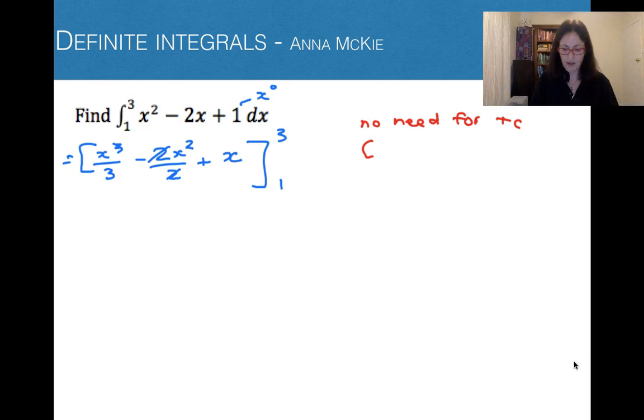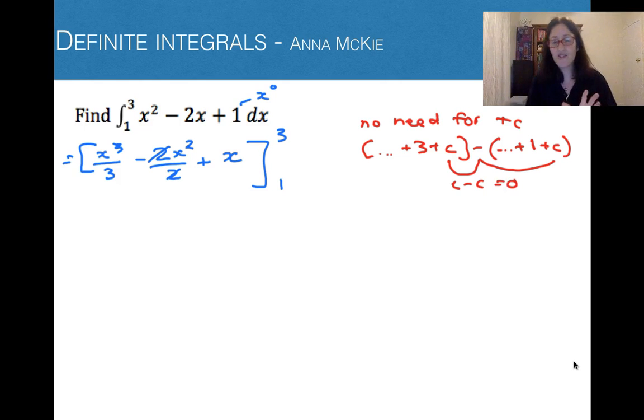So what would happen is we would get plus 3 plus c, and then take away, should probably use round brackets there, where we plus 1 take and plus c, and as you can see, you're going to get c take away c, and they're just going to cancel out. So we never have to put in the plus c when we are doing definite integrals.